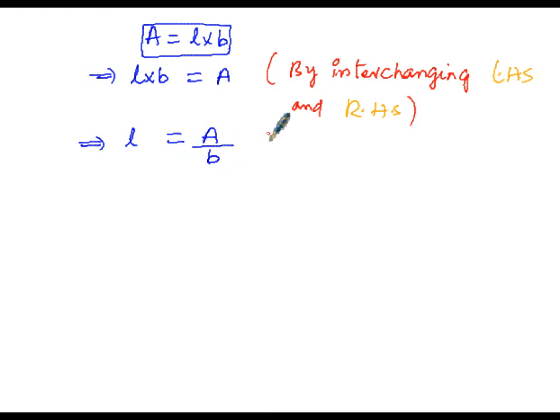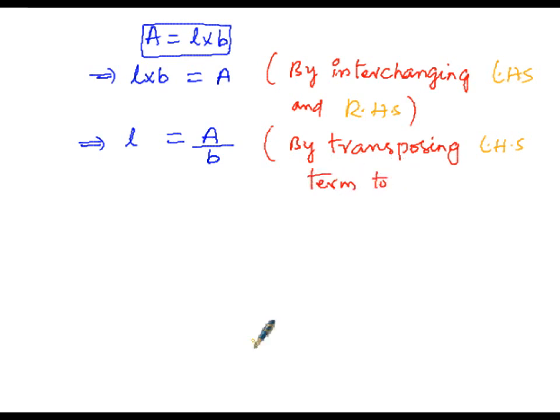So here, by transposing the LHS term to RHS, that means I have transposed the LHS quantity, that is B, to the right hand side.